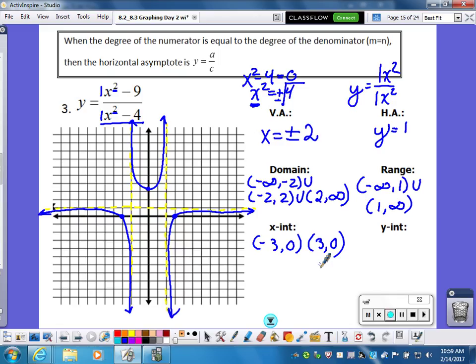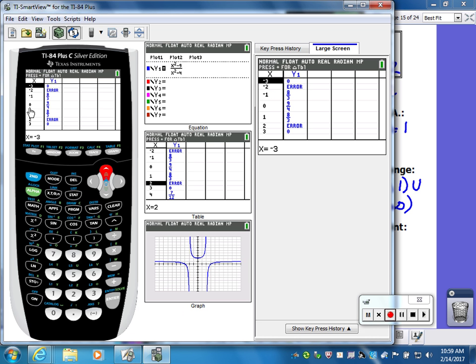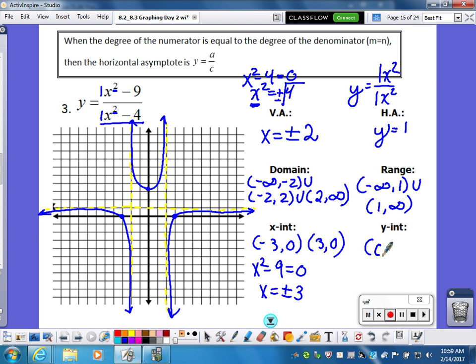Another way to get the x-intercepts we referenced in day 1 of graphing is the x-intercepts is where the numerator equals 0. You can always also get them from your calculator. The y-intercept, easy way to get that is from your table, because where its x is 0. So we have 0 and 9/4.